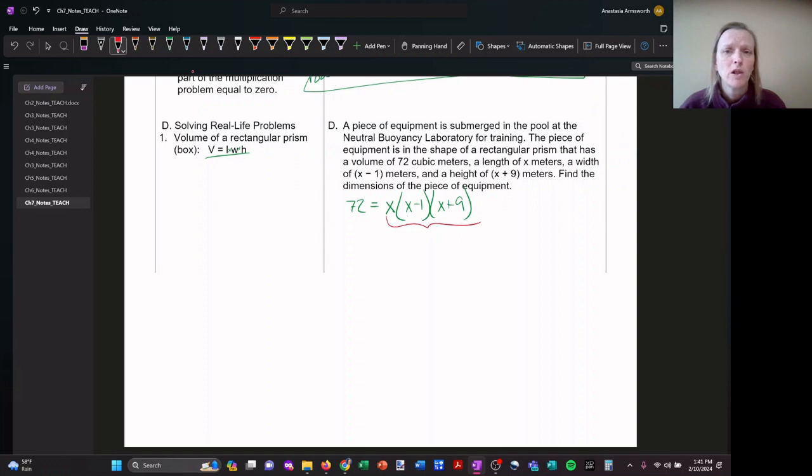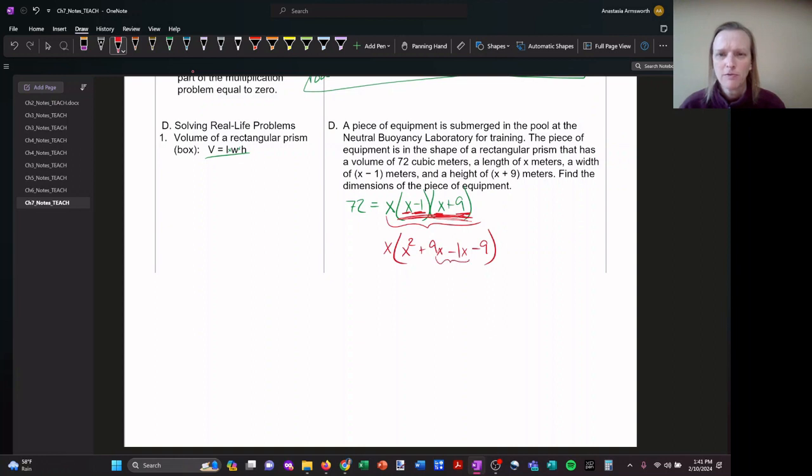Let's just do FOIL on these two terms that are in parentheses, and then we'll worry about the x later in the next step. So if I have x times x, that's x squared. X times 9 is 9x. Negative 1 times x is negative 1x. And negative 1 times 9 is negative 9.